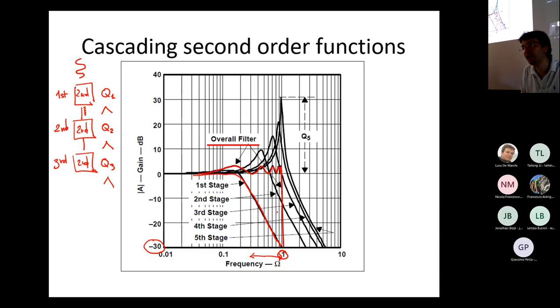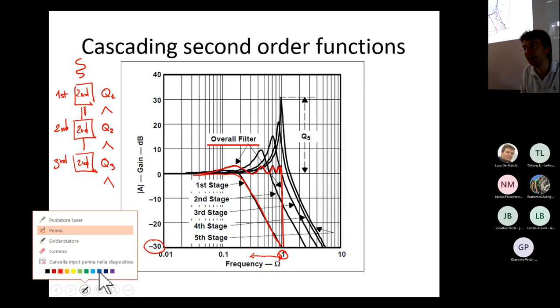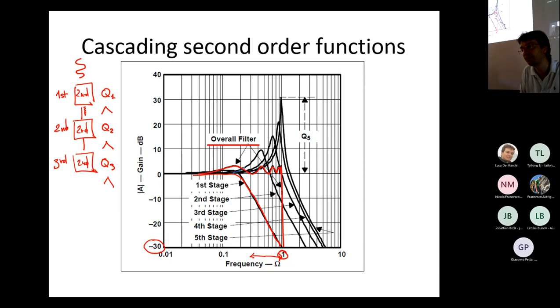Then the sinusoid enters the second stage, which is also attenuating in the same frequency range. So it is a very weak signal which is fed to the high Q value which has the overshoot. Okay, so the amplification induced by the subsequent stages is somehow pre-compensated by the attenuation of the first one.